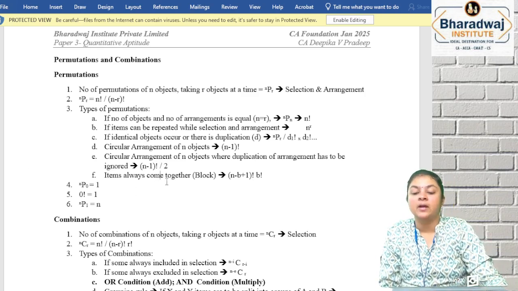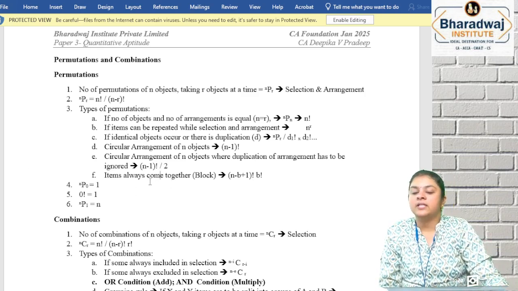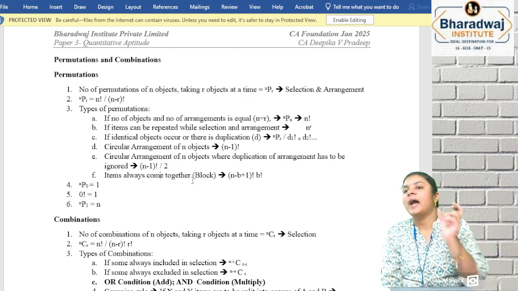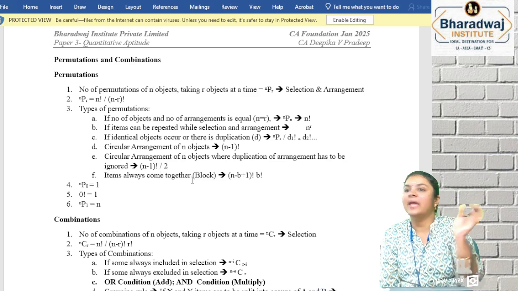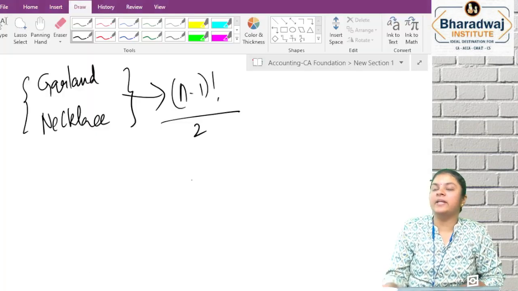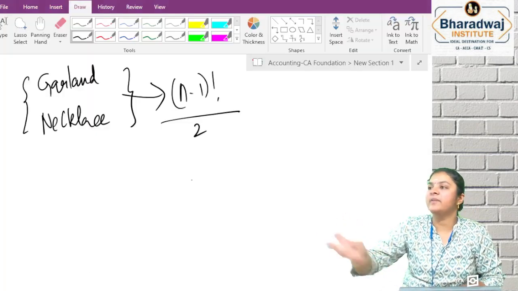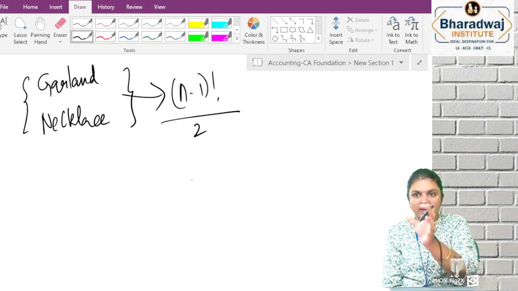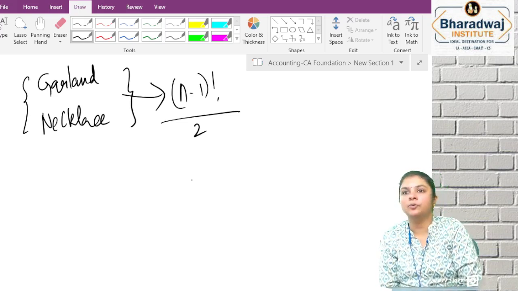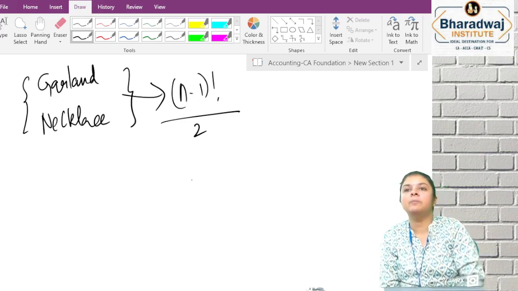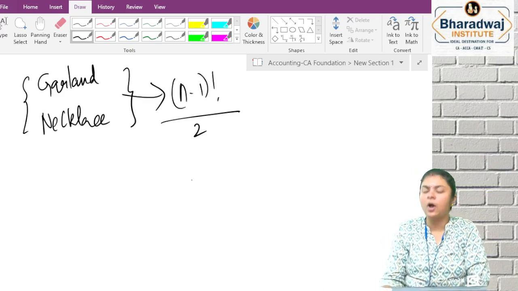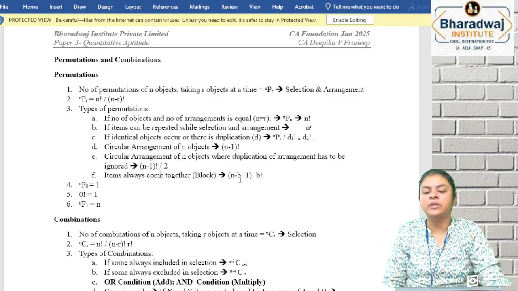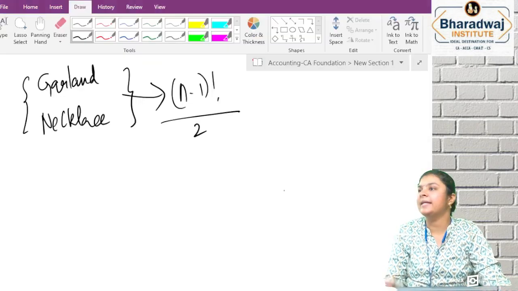Next, the block rule. Next comes the block rule. Items always coming together. Where a number of items always appear together, always seated together. Correct? Appearing together, we call it the block rule. So how to identify the block rule? For the block rule, the factorials that you need to take are going to be slightly different.